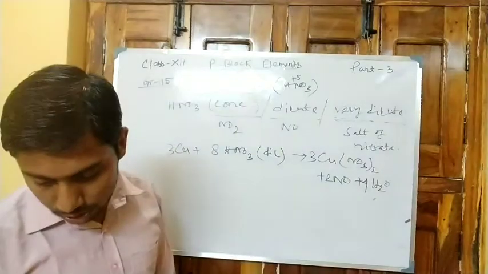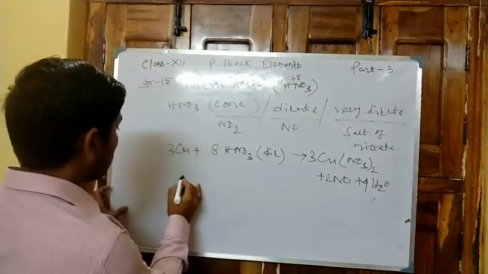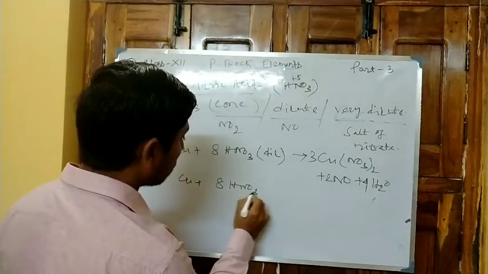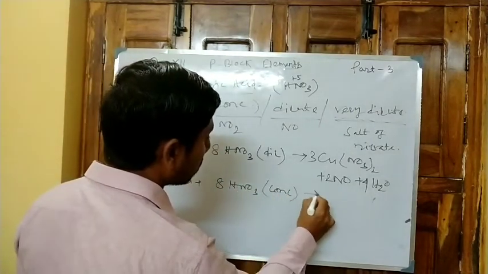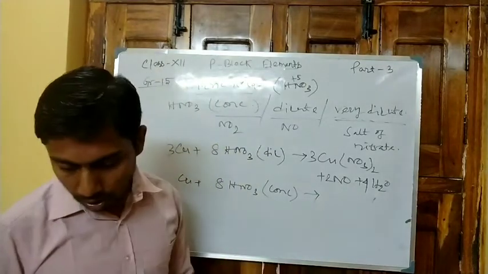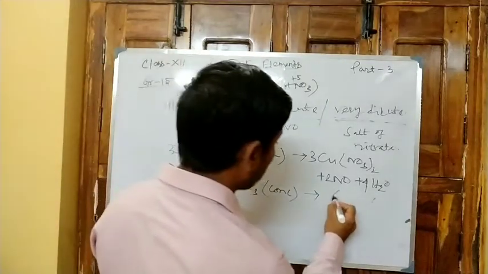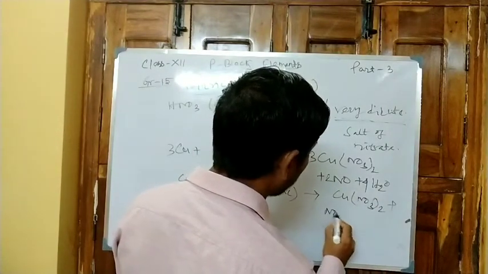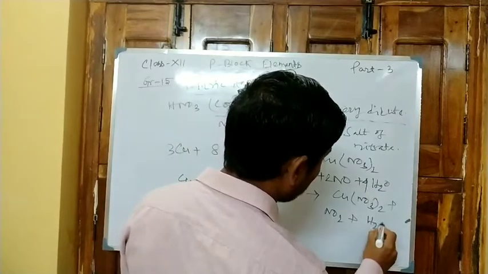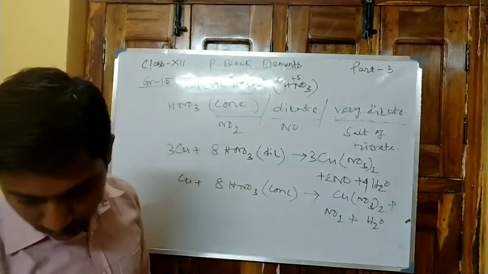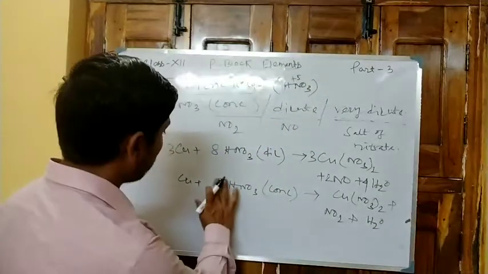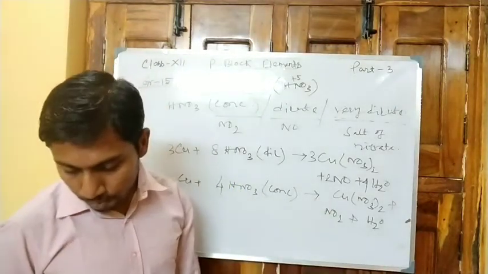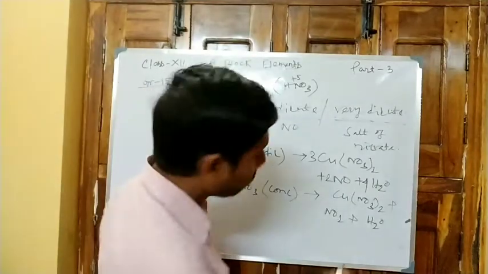Now if we take concentrated HNO3, then Cu plus 8 HNO3 concentrate forming copper nitrate Cu(NO3)2 plus NO2 plus water. Now for balancing, Cu plus 4 HNO3 forming copper nitrate plus 2 NO2 plus 2 H2O.